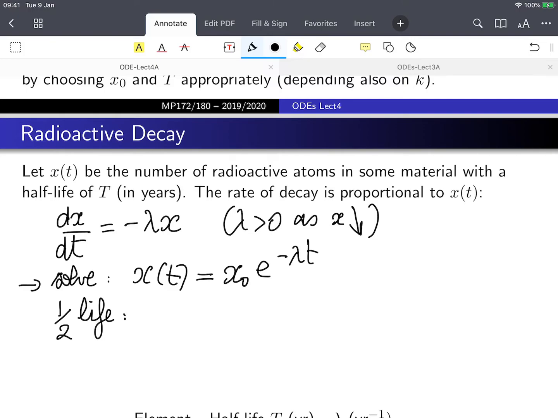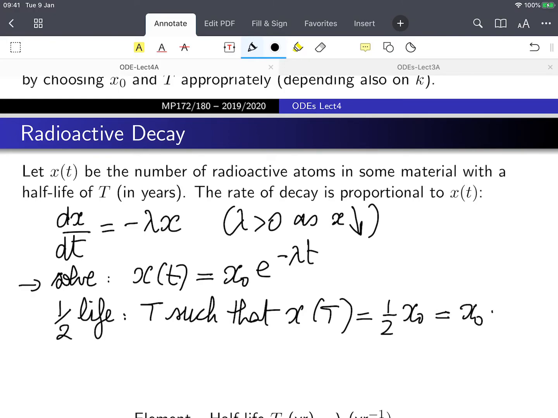Half-life is a period of time T such that x at capital T is 1/2 of x0. How long it takes to be halved. We could just compute it from there. It should be x0 exponential minus lambda capital T.